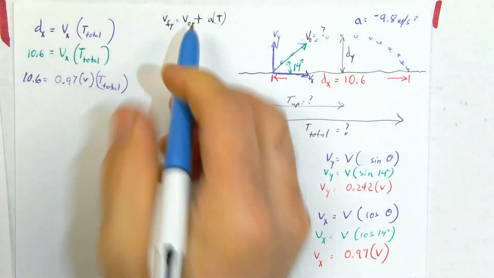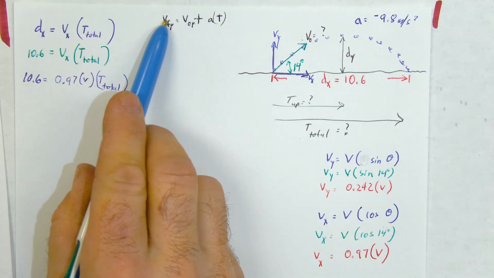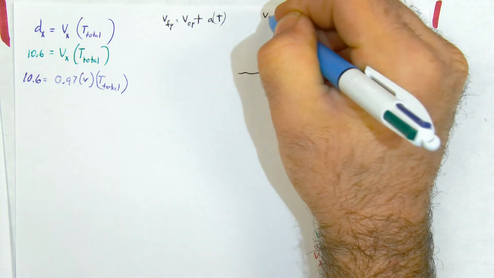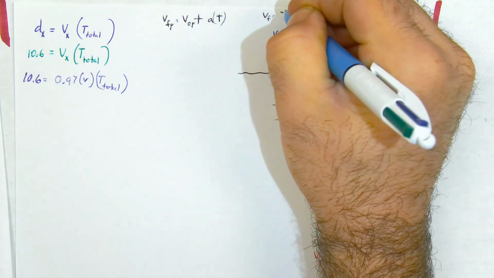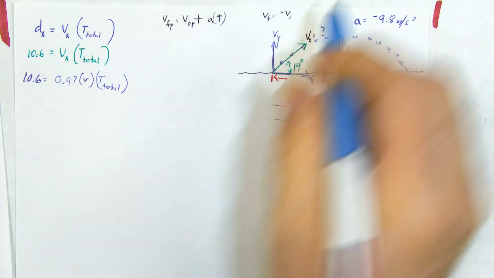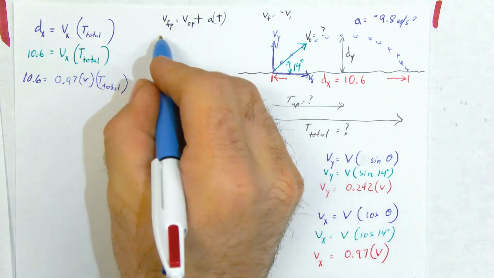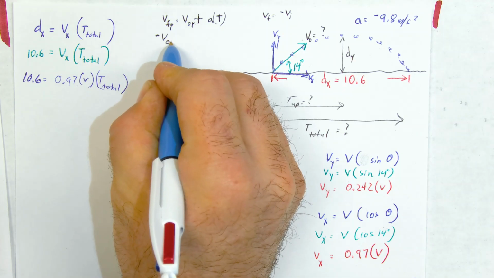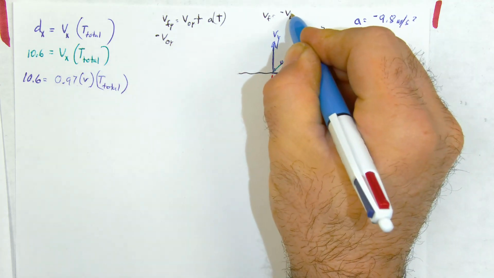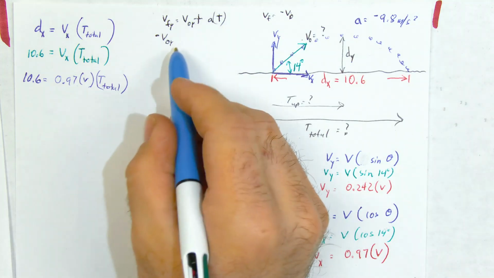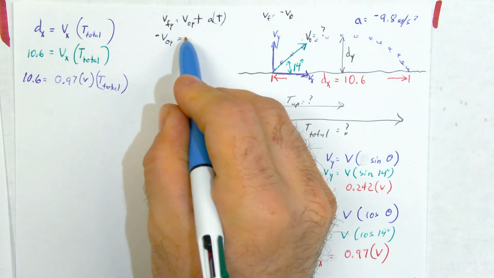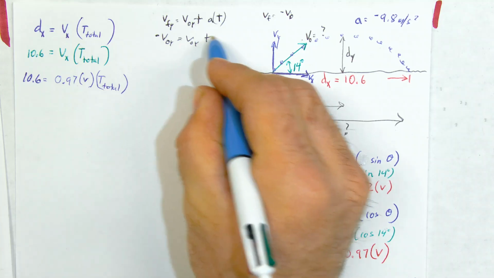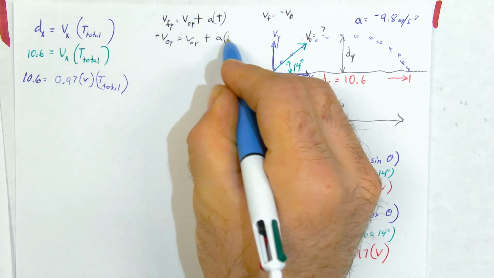And so we would say that since velocity final would be equal to negative velocity initial, we can substitute that in, and we can just say negative velocity original on the y. This probably should say O. Initial and original, I use them interchangeably. It's going to equal the velocity on the y-axis plus acceleration times time.